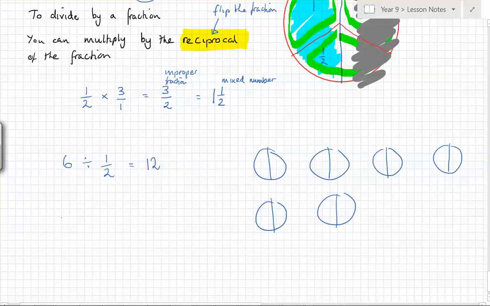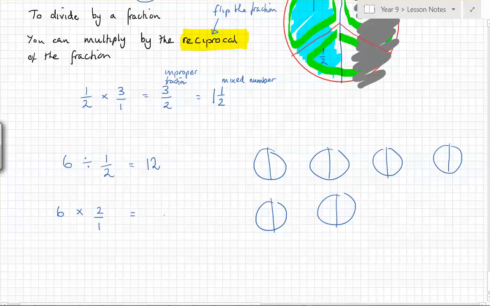So let's check with our rule. 6 would be multiplied by the reciprocal of a half, which is 2 over 1. Remember, it's just flipping the fraction the other way up. And then 6 times 2 over 1 is the same as?